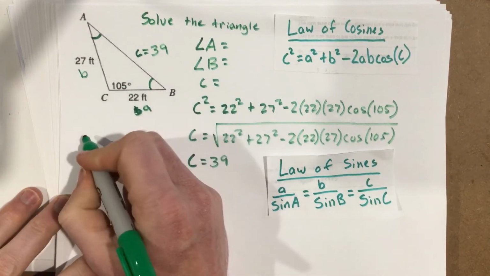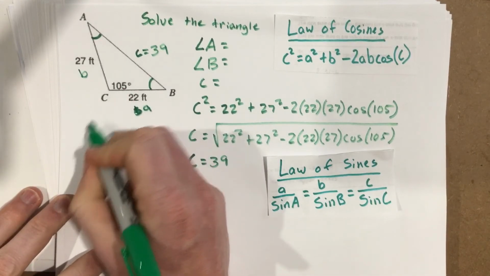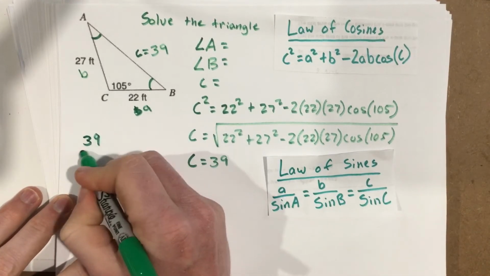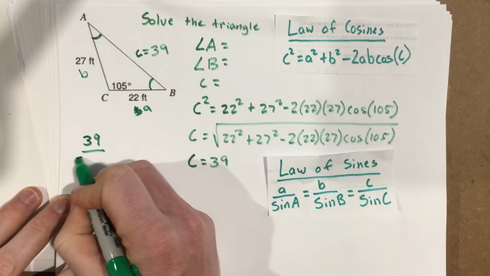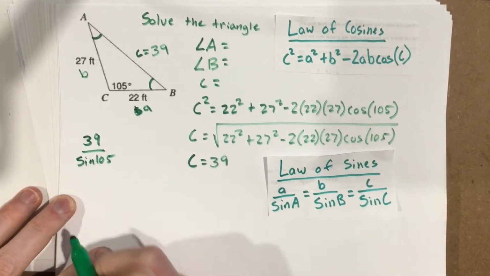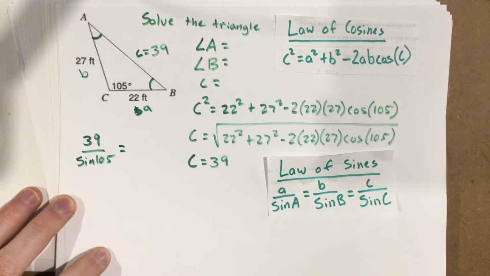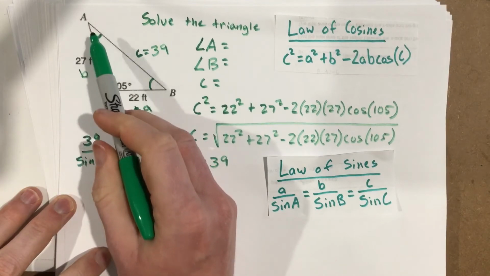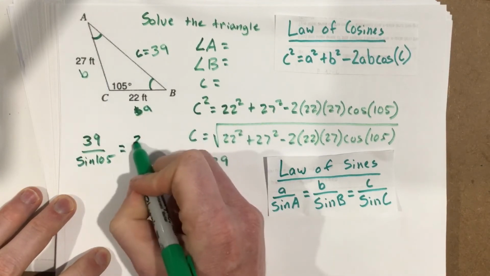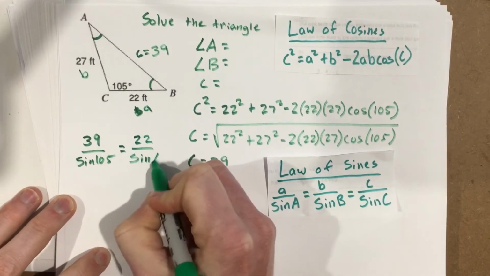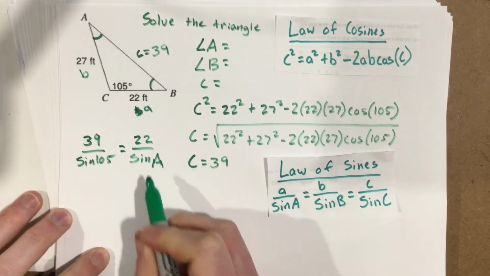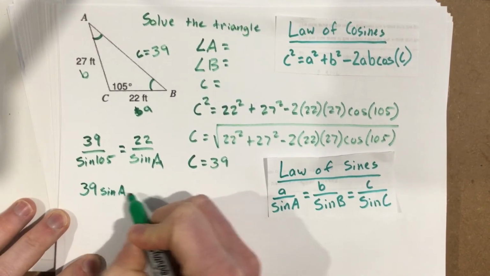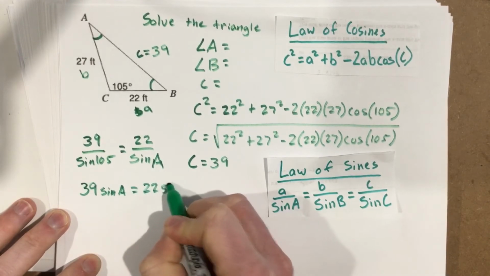We're going to use C over sine C. So 39 over sine 105 is going to equal, let's find sine A, so we're going to use 22 over sine A. So we cross multiply, we get 39 sine A equals 22 sine 105.